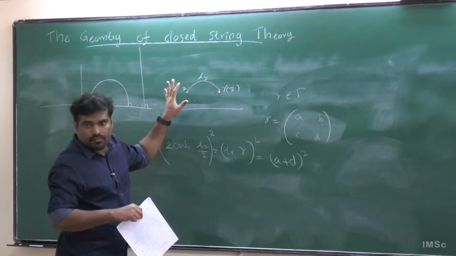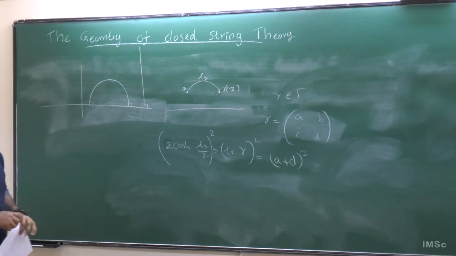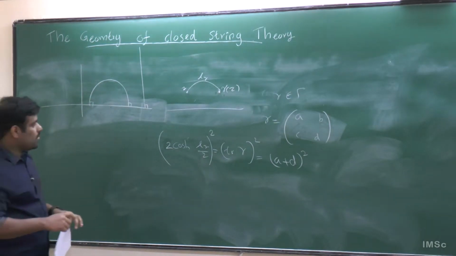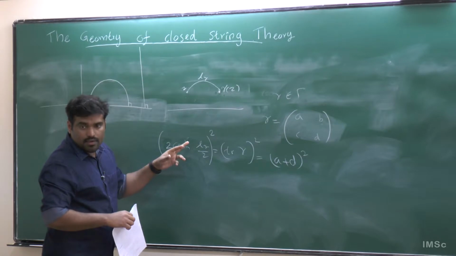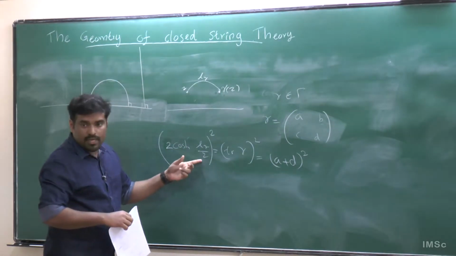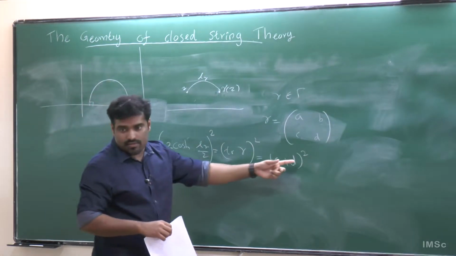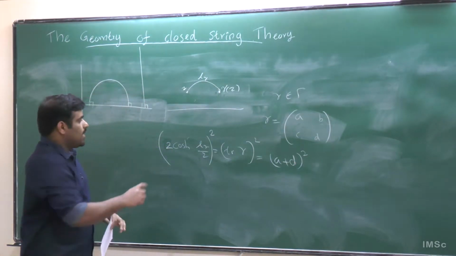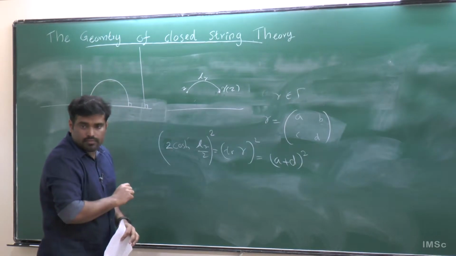But how do you get this? Cosh hyperbolic of L gamma by 2 whole square equal to A plus D. Yeah, L gamma is the length of the geodesic.